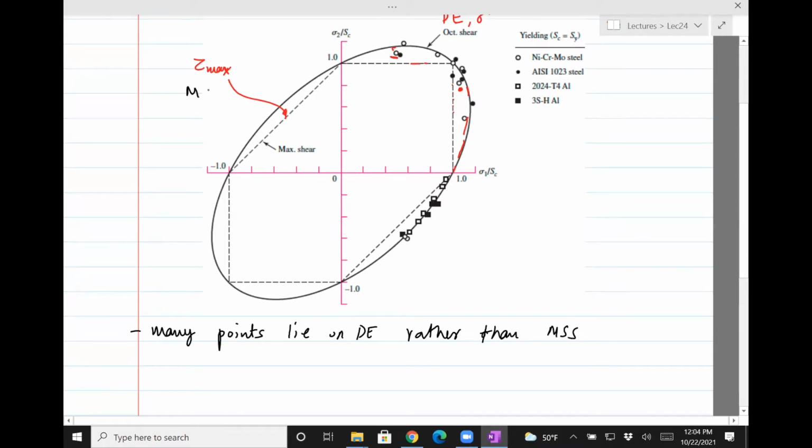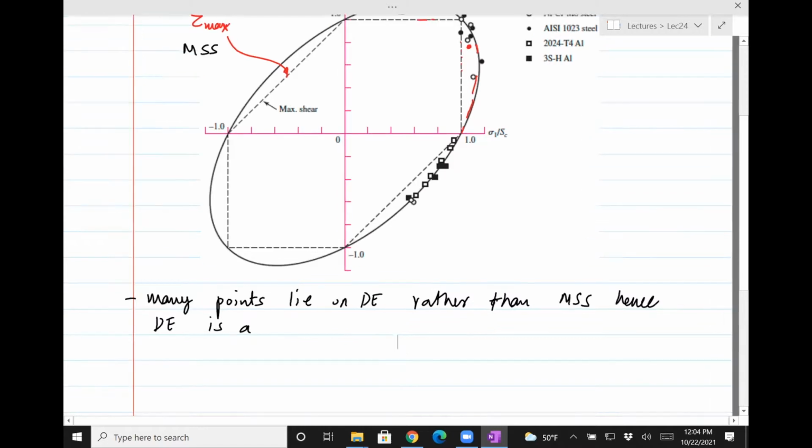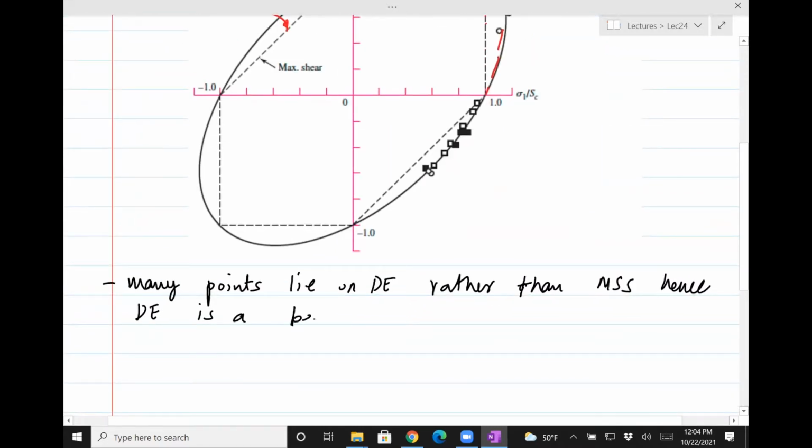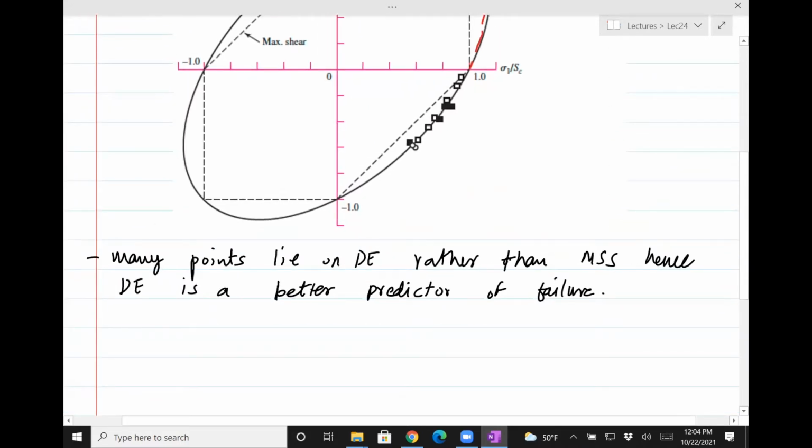This is MSS, hence DE is a better predictor of failure. So given a choice, you want to probably apply the DE.